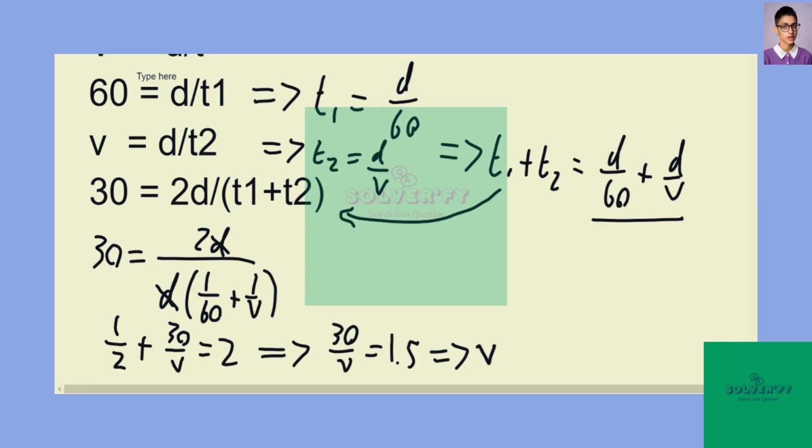So we get v is equal to 30 over 1.5, which is equal to 20 miles per hour. That is the average velocity for the second half of the trip, which would give us a 30 miles per hour average velocity for the entire trip.